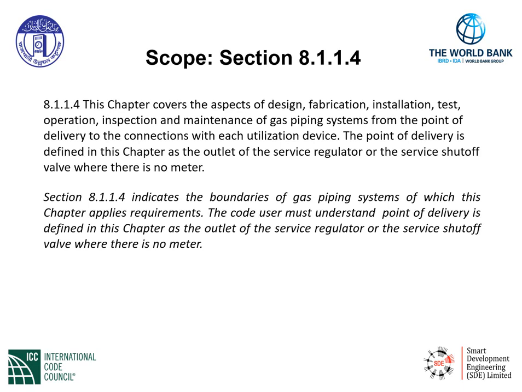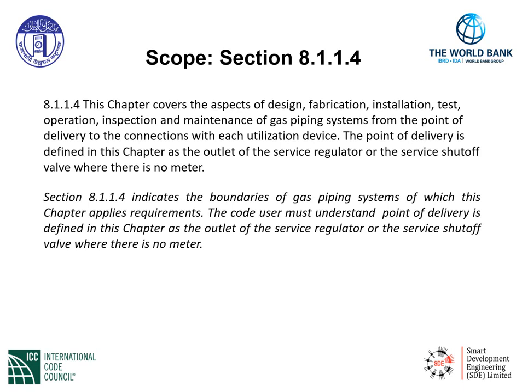Again, we are looking for the start point, and it is stated in this code section. It's called the point of delivery, and it goes from that point to the connections with each utilization device. So where we start on the gas piping system, the customer or consumer side, we take that piping completely, the fittings, the pipe, the valves, everything, into the point where we reach the appliance.